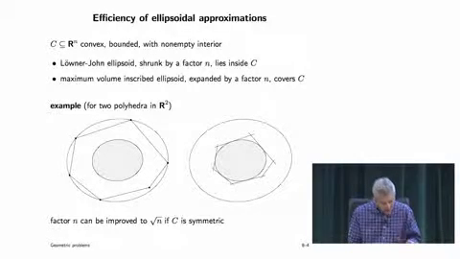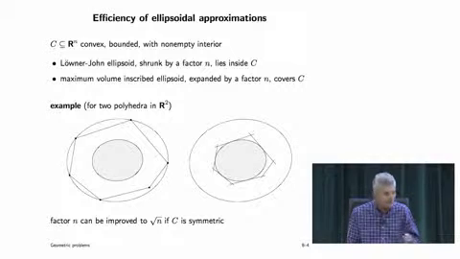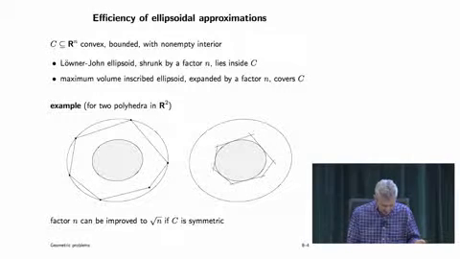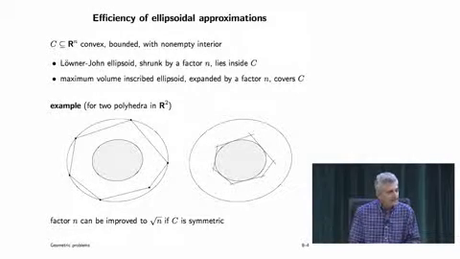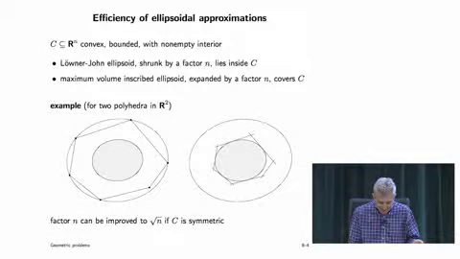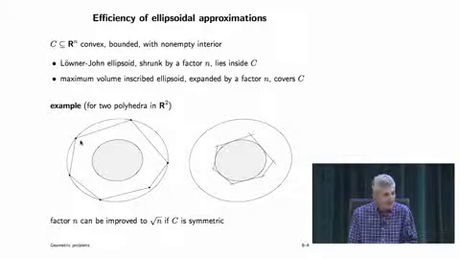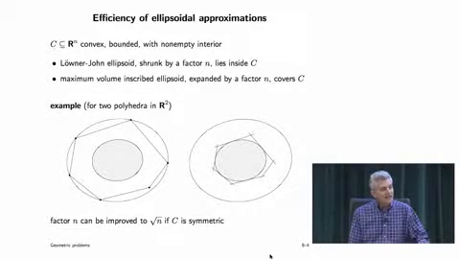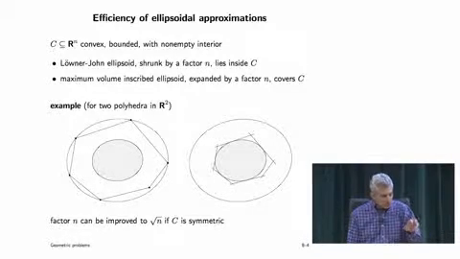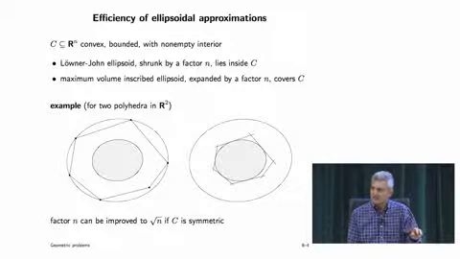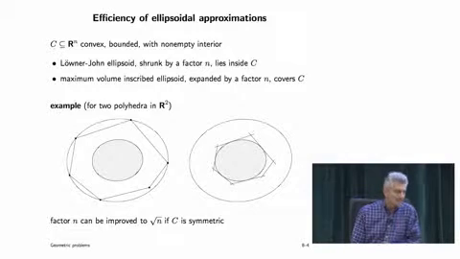So let's take a convex, bounded set with non-empty interior. And there's actually this basic efficiency. It says that if you take a set, so here's a polyhedron given by its vertices, this is the Löwner-John ellipsoid, the minimum volume ellipsoid that covers it. If you take that Löwner-John ellipsoid and you shrink it by a factor of n, that's the space dimension, about its center, that's guaranteed to be inside the set.